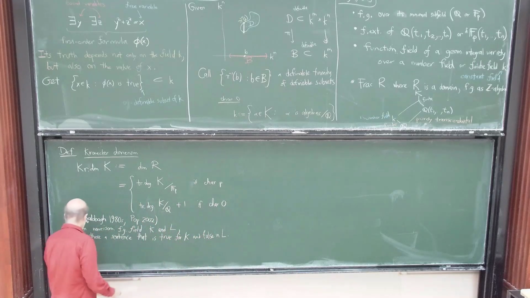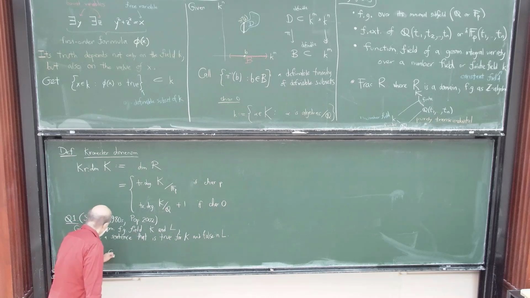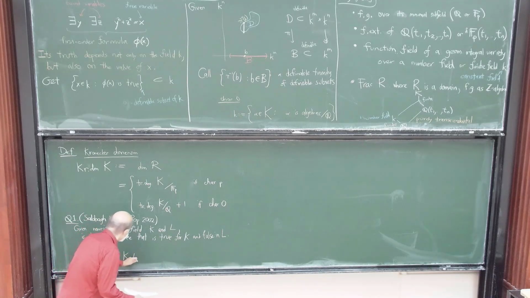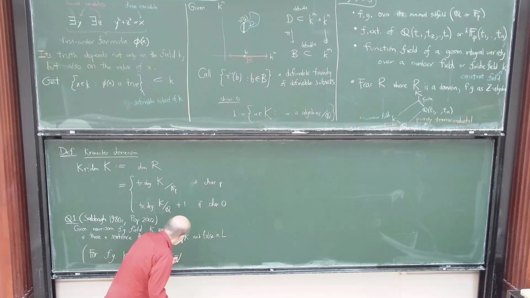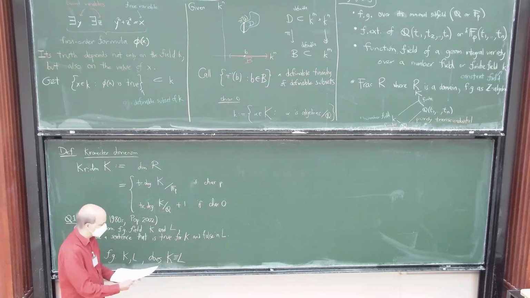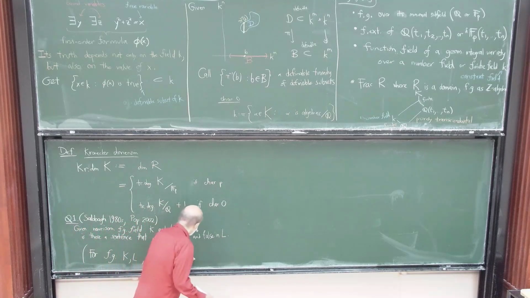Another way to say this question would be: for finitely generated fields K and L, if you know that they're elementarily equivalent, so the theories are the same, does that mean that they're isomorphic?